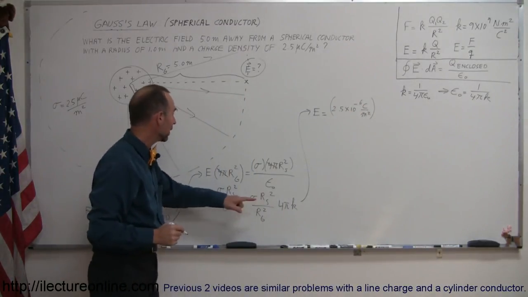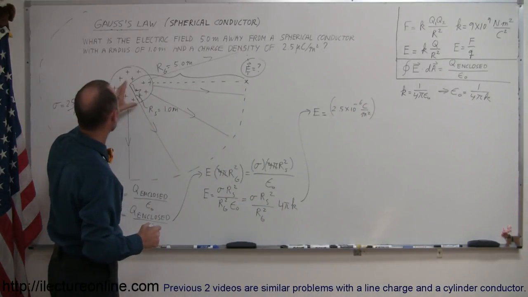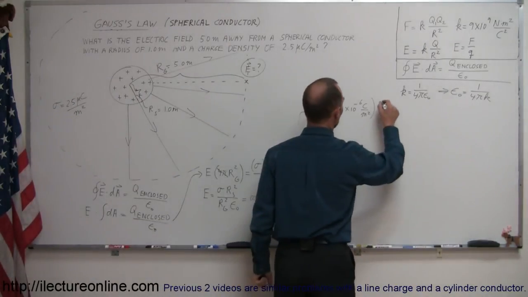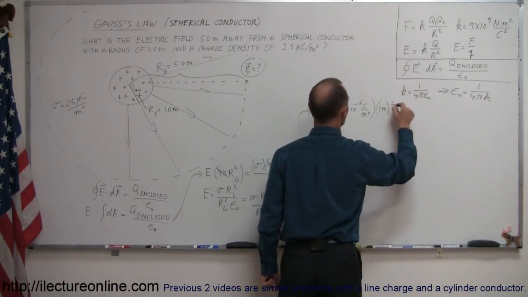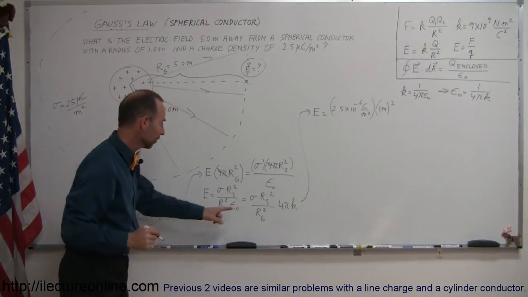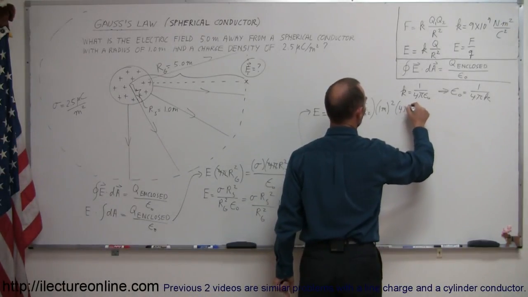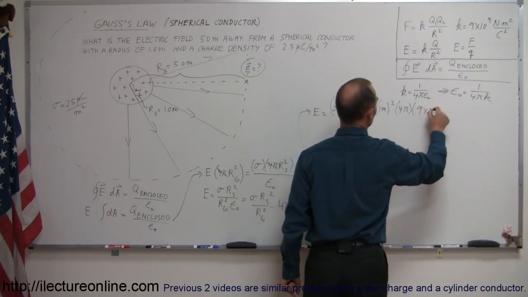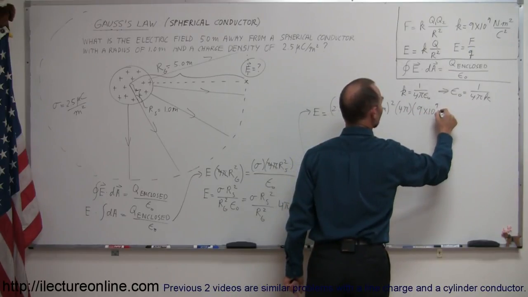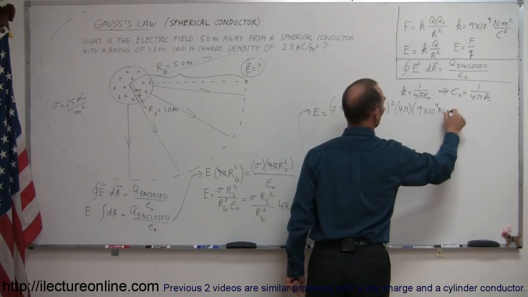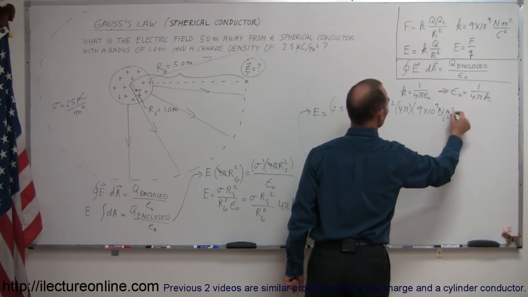We multiply it times the radius of the sphere, which we said was 1 meter, so that's 1 meter squared. We multiply that times 4 pi and k, which is 9 times 10 to the 9th newton meters squared per coulomb squared.